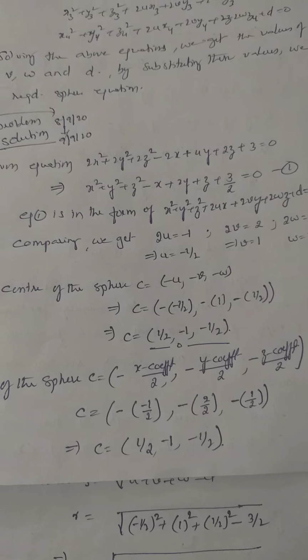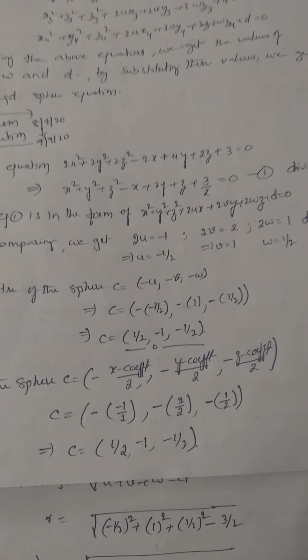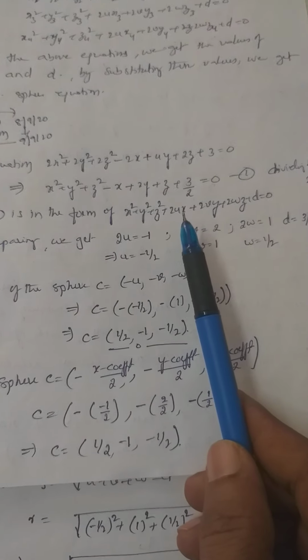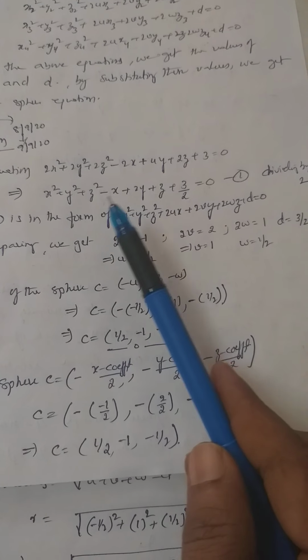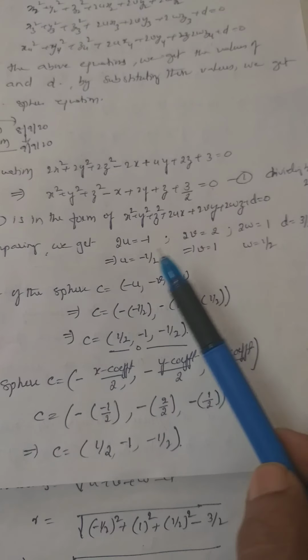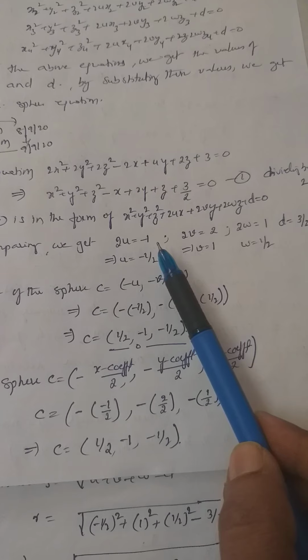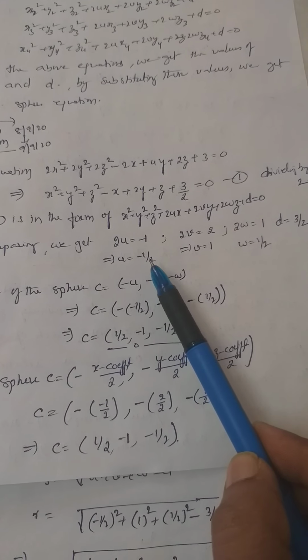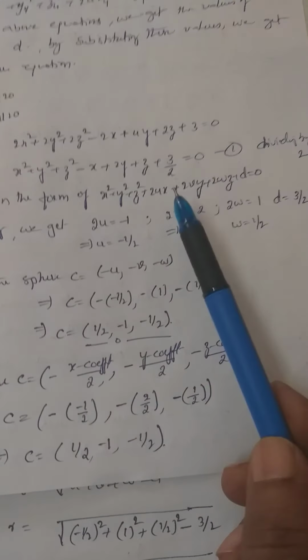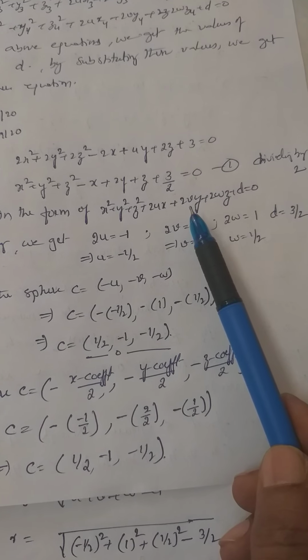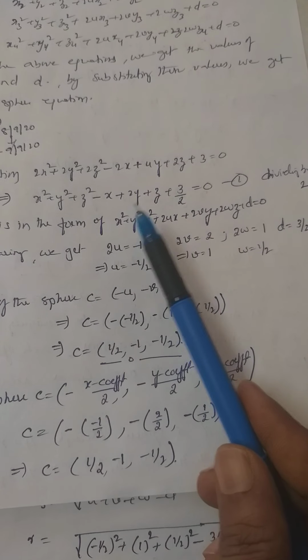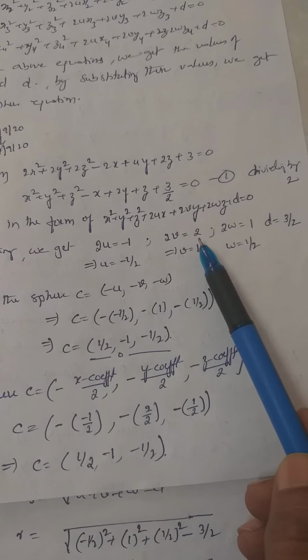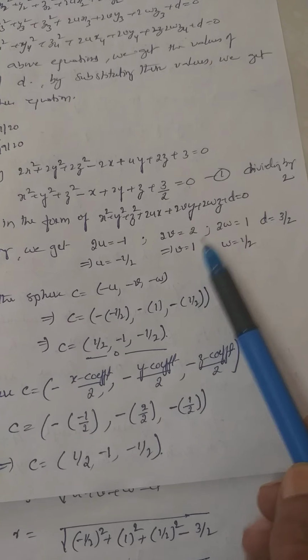Now comparing the given equation with the general equation, we will get the values. The x coefficient is 2u here, the x coefficient is minus 1 here, so 2u is equal to minus 1. That implies u is equal to minus 1 by 2. Next, the y coefficient is 2v here, the y coefficient is 2 here, therefore 2v is equal to 2, v is equal to 1.